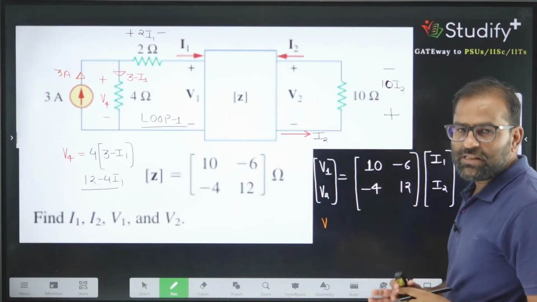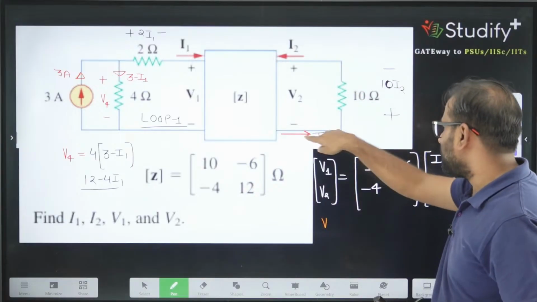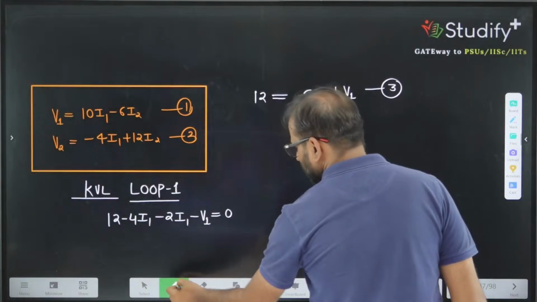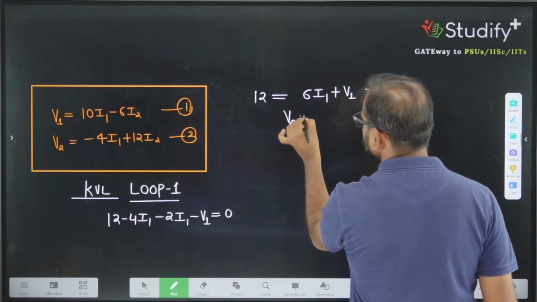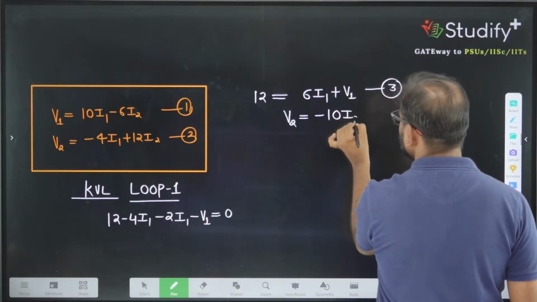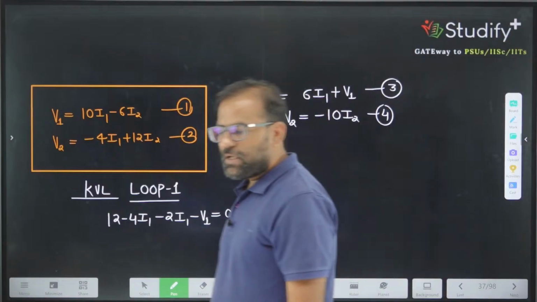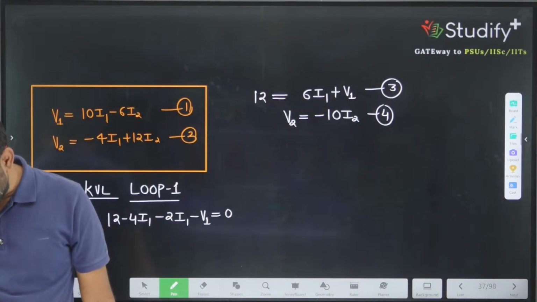But the potential V2 is mentioned with the opposite polarity: plus is connected to minus, and minus is represented at plus. So we have one more relationship: V2 equals minus 10 times I2. We have these 4 equations and 4 variables, so we can calculate the solution of these equations.